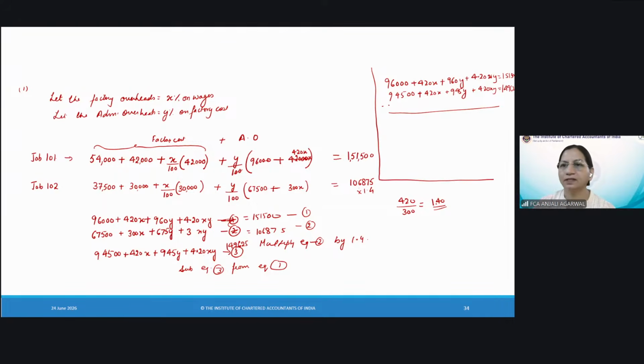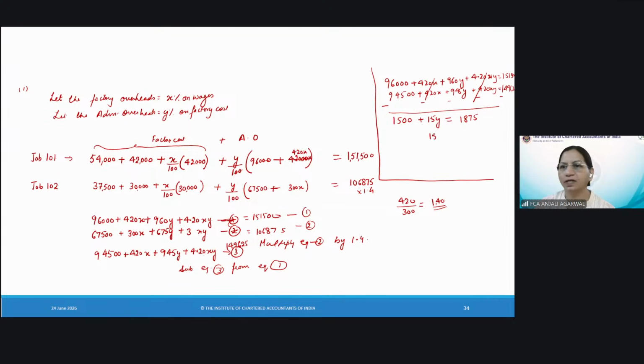Now this will get cancelled and this will also get cancelled. So 1500 plus 15y is equal to 151,500 minus 149,625, 1875.